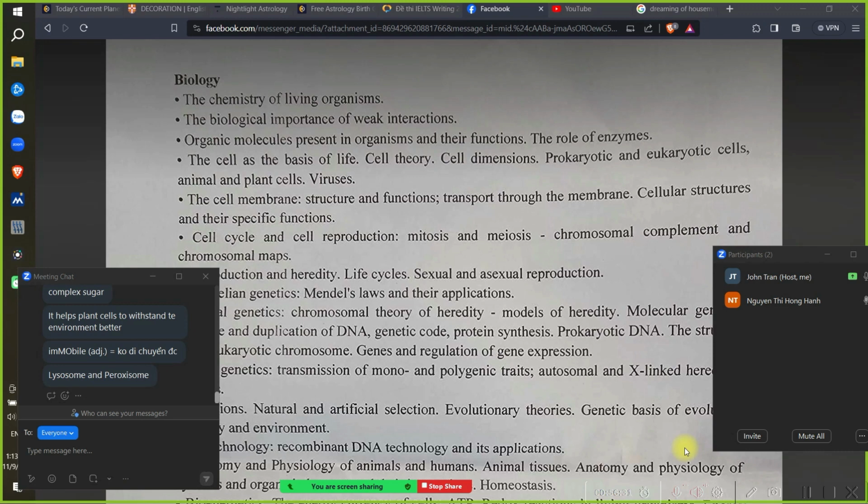But some cells, instead of going forward to the S phase, go in another direction, which is G0, where they no longer divide. There are some cells that don't tend to divide.